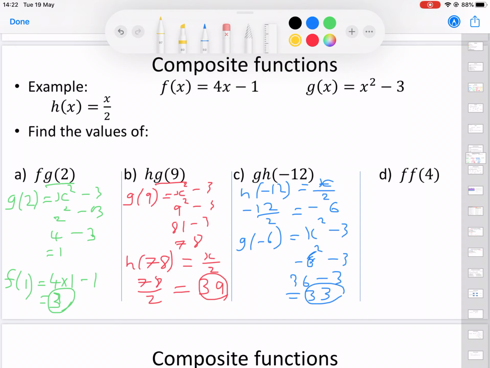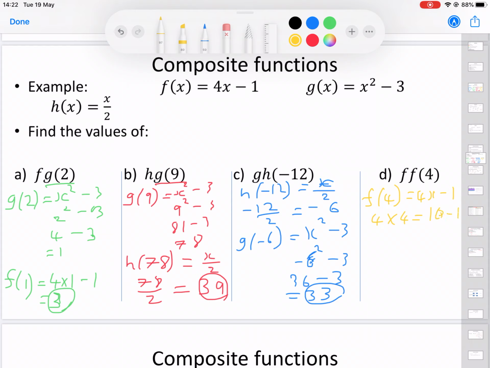Okay, and the last question, ff of 4. We're going to put it through the function once, and then put it through the same function again. So f of x is 4x minus 1. So 4 times 4 equals 16 minus 1.